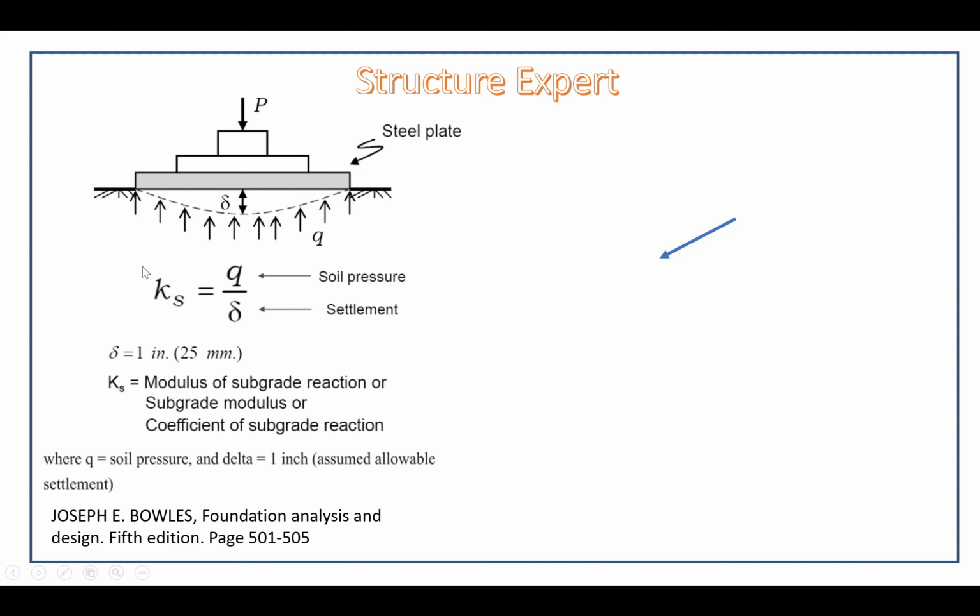So you can determine the stiffness of soils. In the formula they use inches, so we need to convert from inch to millimeter. 1 inch is equal to 25.4 millimeter, and in this case we round down to only 25 millimeter.